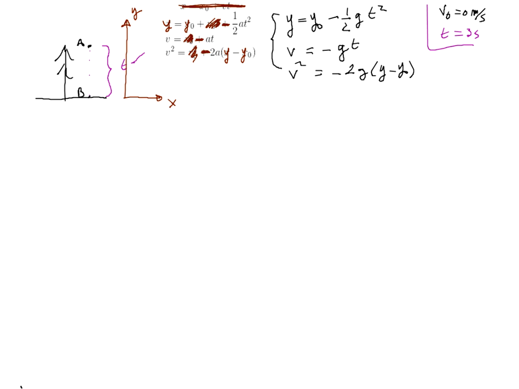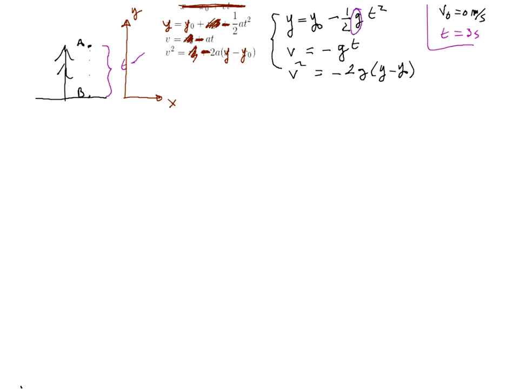So, which equation has position involved, since we're looking for positions, or how tall? Are we going to use the first one, the second one, or the third one? First one, excellent. The first one has everything that we need. It has G, which is known.